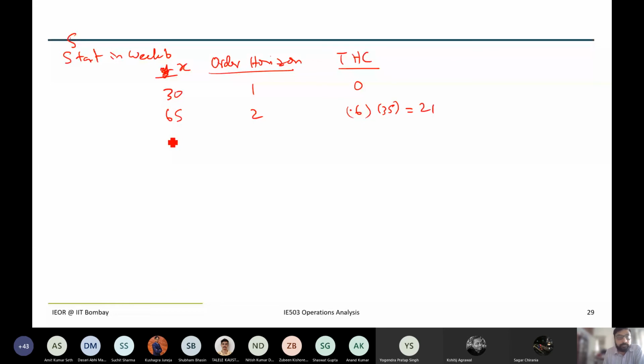Suppose I do plus 30, I get 95. It lasts for 3 periods. So it will be 21 plus 0.6 into 2 into 30, which is equal to 57. I ran out of periods, hence I'm stopping. I stopped since the planning period is ended.